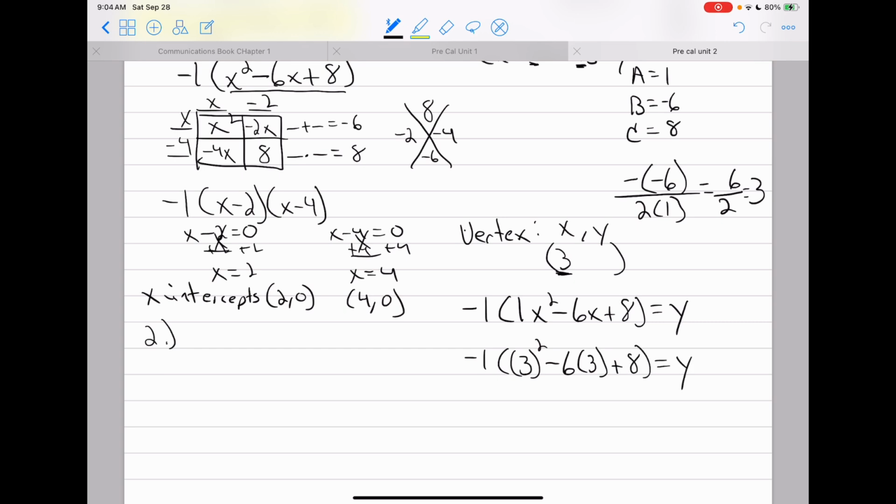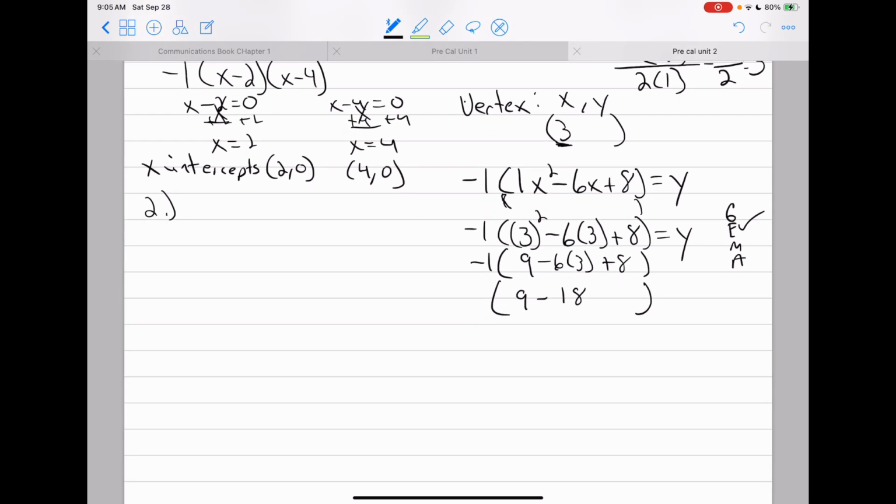equals y. Notice how I kept these parentheses here because they're important. I've got to work inside the parentheses first. Inside the grouping, I see exponents. 3 squared is 9 minus 6 times 3 plus 8, and this is all times -1. I still have grouping. I see multiplying, so I have 9 minus 18 plus 8 times -1.